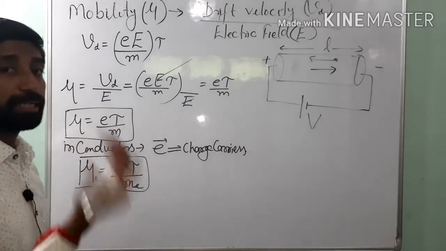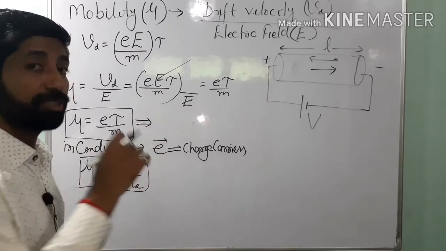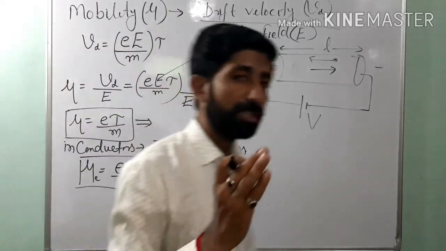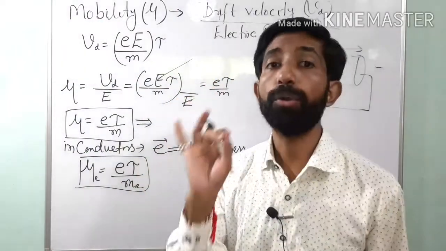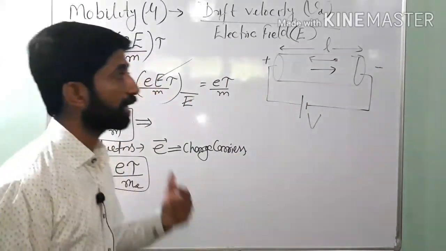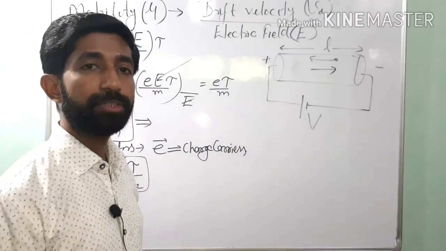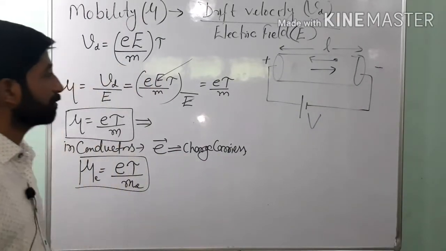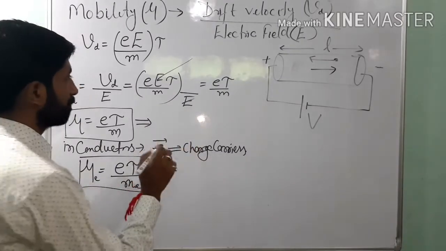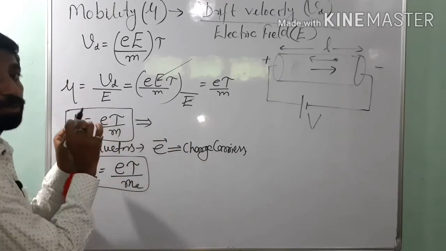For a general case, for any charged particle, either it is a positive ion or negative ion or electron or even a hole. Hole is a kind of charge carrier that carries current inside a semiconductor. We shall discuss this afterwards in a little more detail. So this e is the charge on the electron.